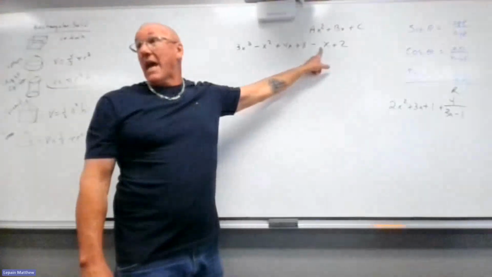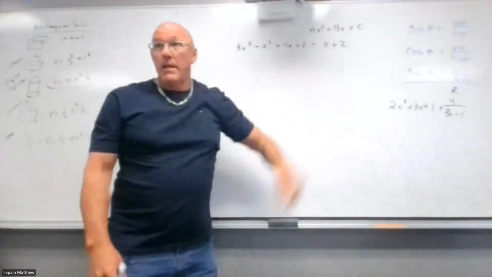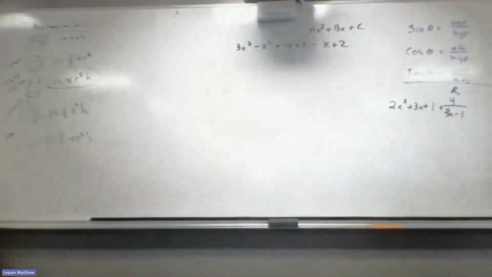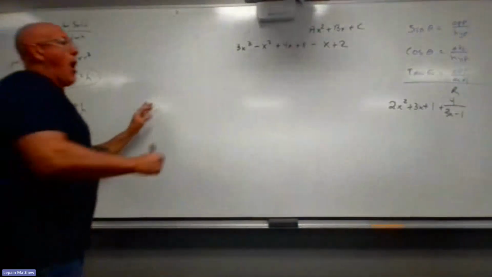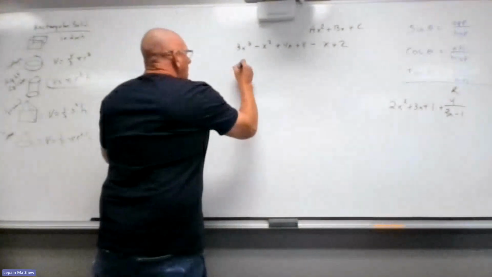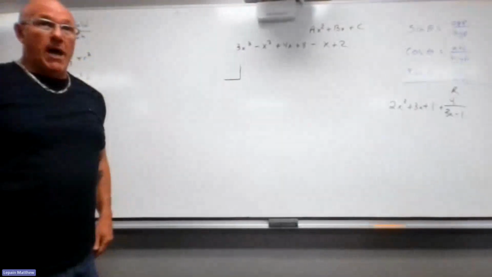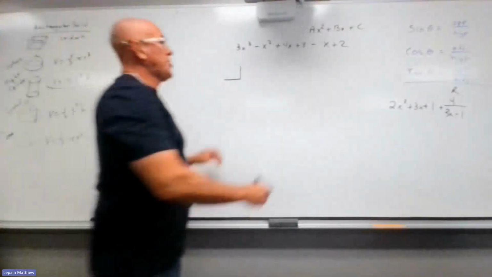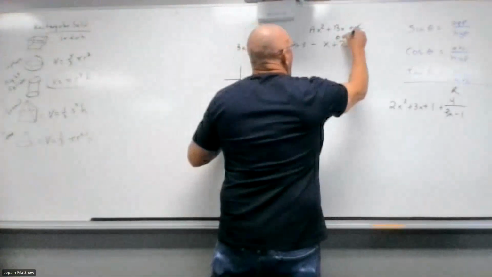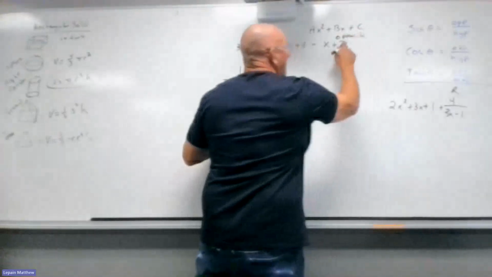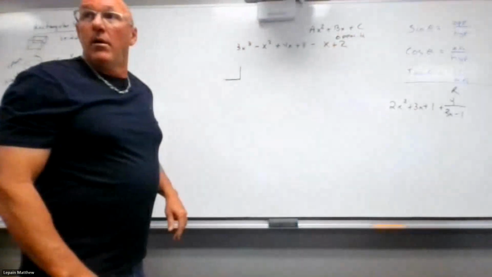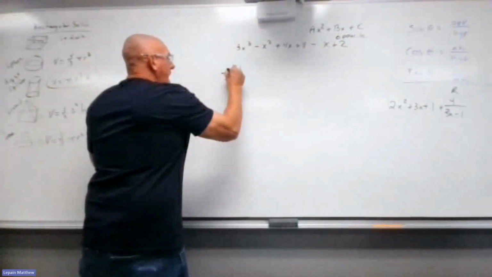So I can use synthetic. Now here's the deal. You got to pay attention to this. I'm going to draw a little bracket right here. And I'm going to do the opposite of that 2. So this right here would be a -2 in here.